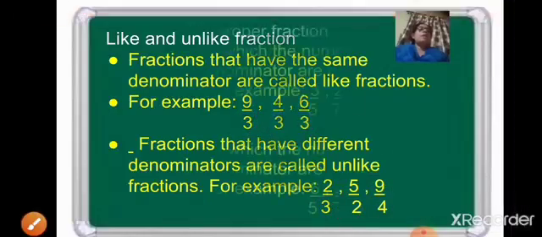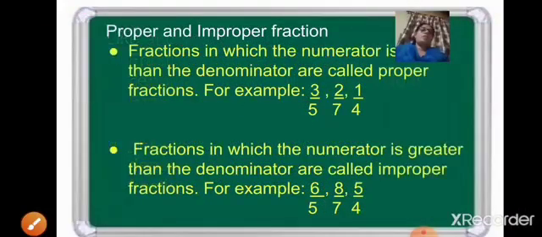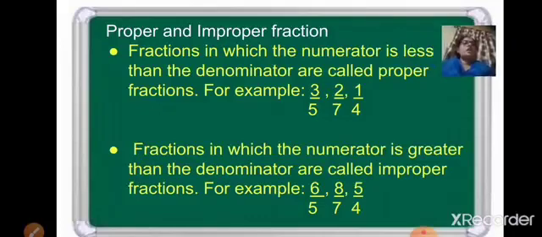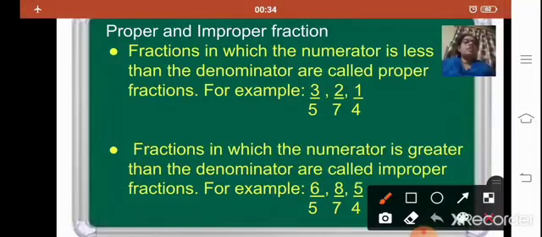Okay, now what are proper and improper fractions? Fractions in which the numerator is less than the denominator. See this example, 3 upon 5, 2 upon 7 and 1 upon 4. Here in all three fractions, the numerator is less than the denominator. Such fractions are called proper fractions.